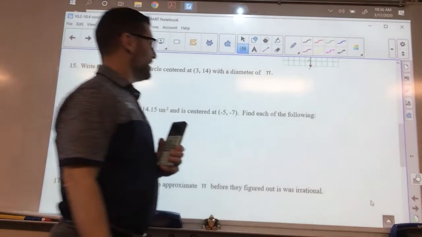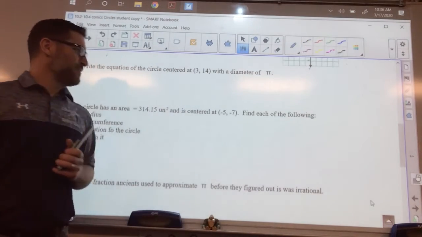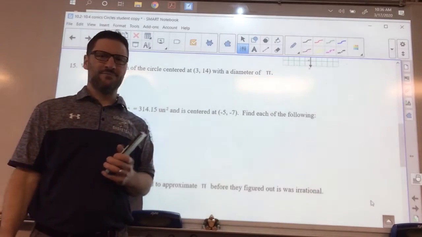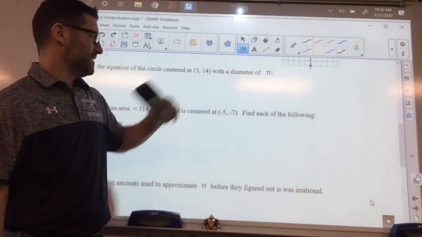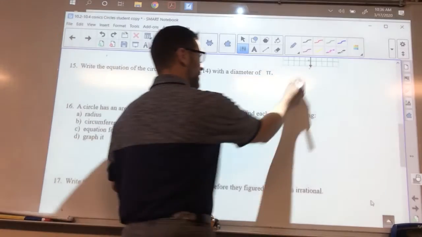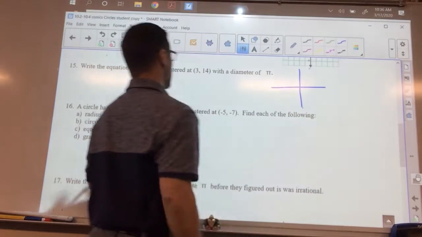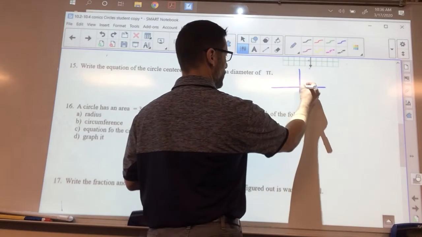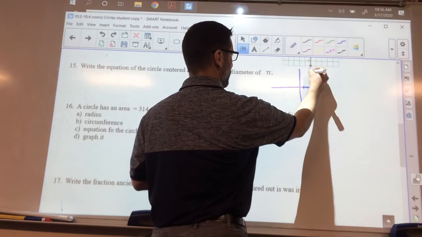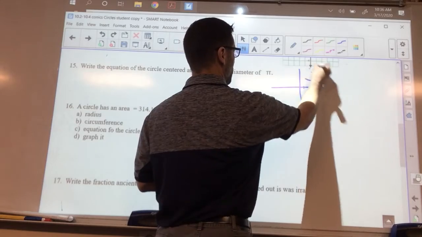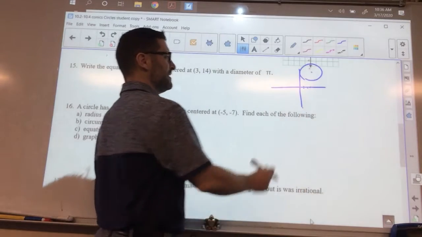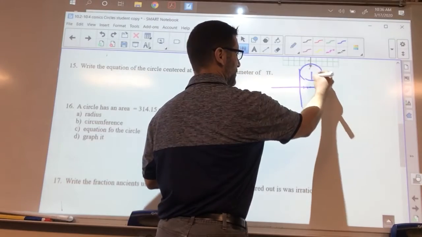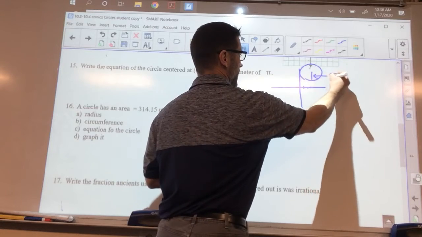Write the equation of the circle centered at 3, 14 with a diameter of pi. I don't know. I was just trying to have fun with this one. I don't know if you see the humor in this, but I hope you do. 3, 14 with a diameter of pi, that means 1, 2, 3, and then up 14, and the diameter of pi would make it a circle about like that. And now if the diameter is pi, that means the radius is pi over 2.